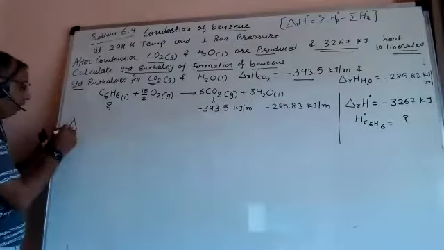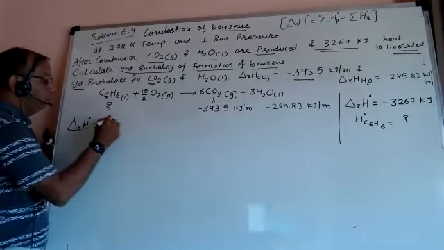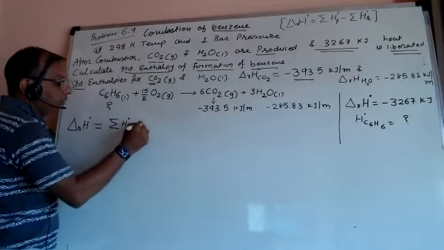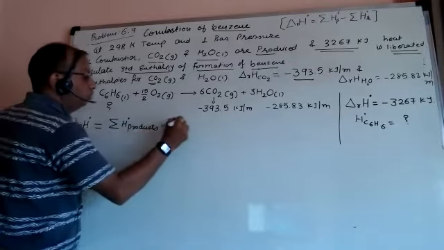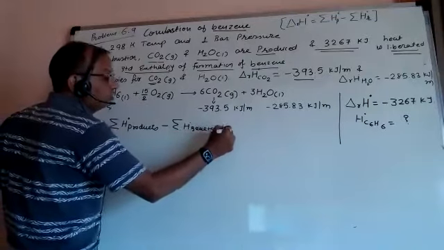So friends, delta RH0 of the reaction is equal to sigma H0 of products minus sigma H0 of reactants. So this is the formula.